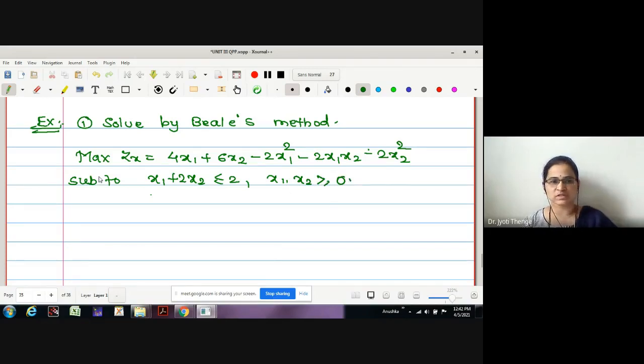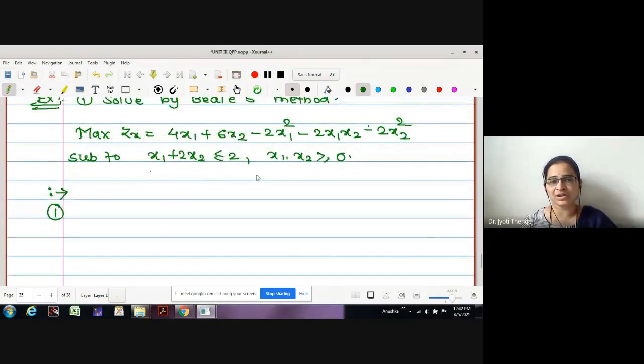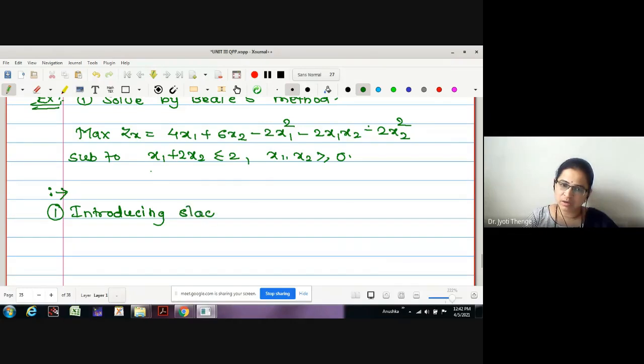Let us follow the process. First step is to convert the problem into maximization. Here it is given already in maximization. So let me write directly, introducing the slack variable. We have only one constraint, that too in the less-than-or-equal form. Therefore, let me add the slack variable x3 to convert this to an equality constraint.